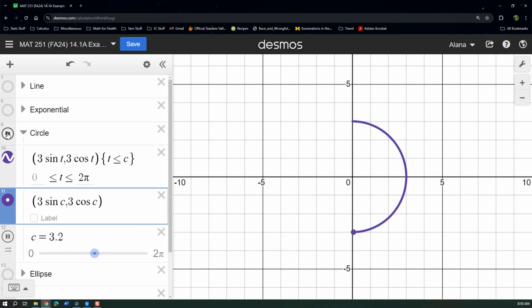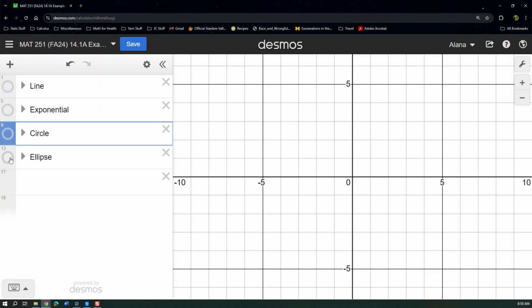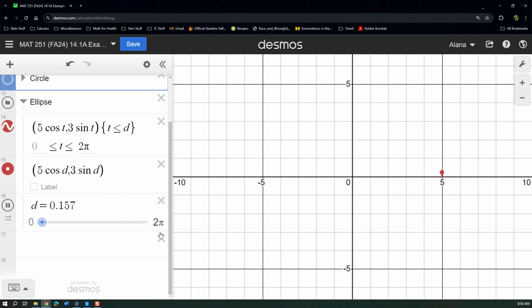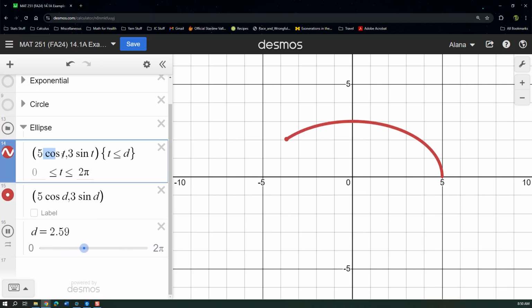All right, now what about our ellipse? There it is. And you can see that it's moving in a counterclockwise direction because I defined it with cosine first in the x position, then sine in the y position, and that will make it move in an elliptical fashion.